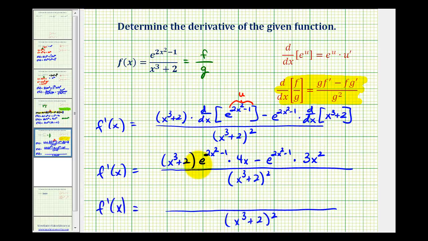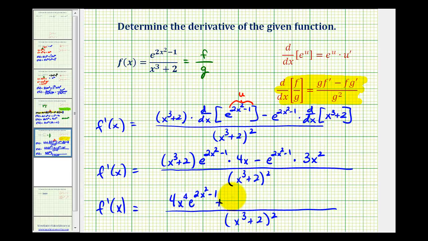Now let's determine this product here and this product here. So to clear these parentheses, we'll have to distribute this product here. So we'll have e to the power of 2x squared minus 1 times 4x times x cubed. So we'll have 4x to the fourth e to the power of 2x squared minus 1. And then we'll have plus e to the power of 2x squared minus 1 times 4x times 2.